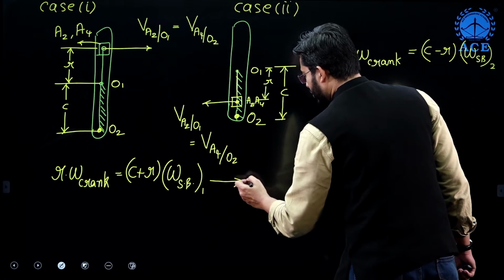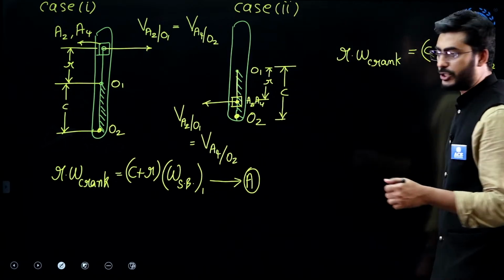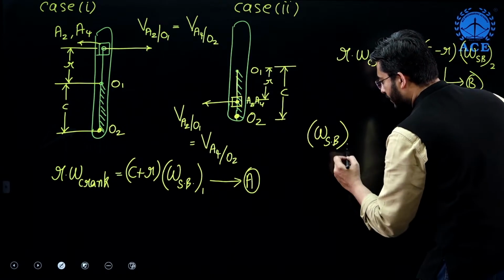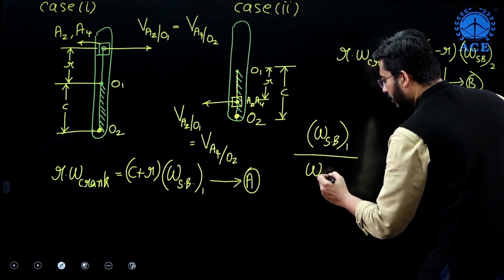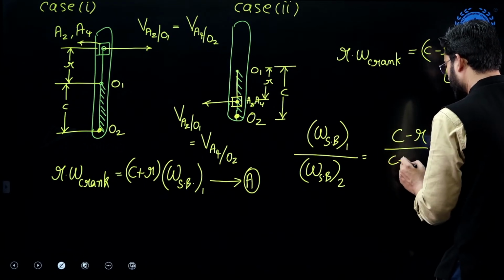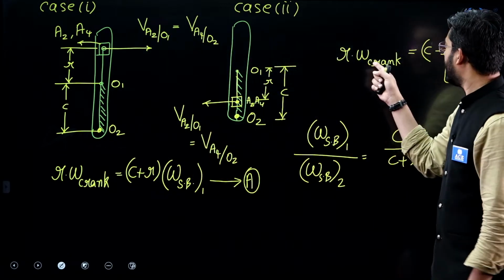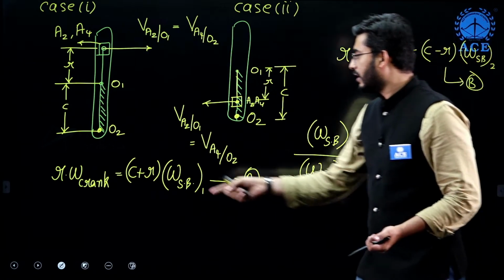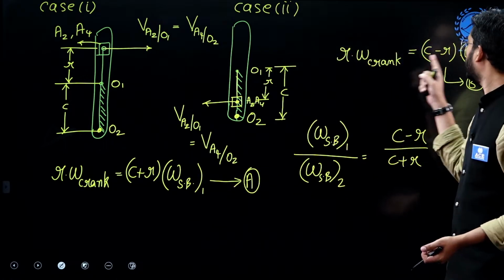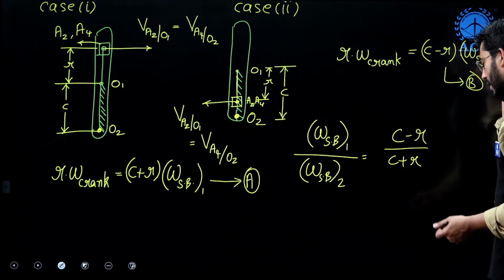Now, let us say this is equation A and this is equation B. If we take the ratio of these two, we get omega of slotted bar 1 divided by omega of slotted bar 2, which is C minus R by C plus R. R into omega of crank cancels on both sides. We are left with C plus R into omega of slotted bar 1 equal to C minus R into omega of slotted bar 2.